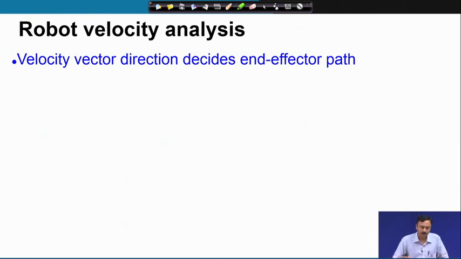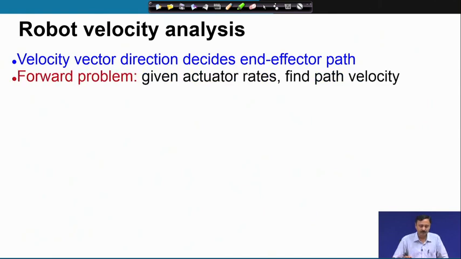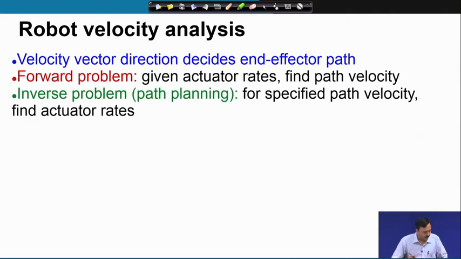So, if you want to have a certain path, you must also have a certain velocity direction at each point of the path. So, here we have this forward problem in which we are given the actuator rates, which may be angular rates or may be expansion rate of a prismatic actuator, and we have to find out the path velocity, that means the velocity at every point on the path, which of course will be tangent to the path.